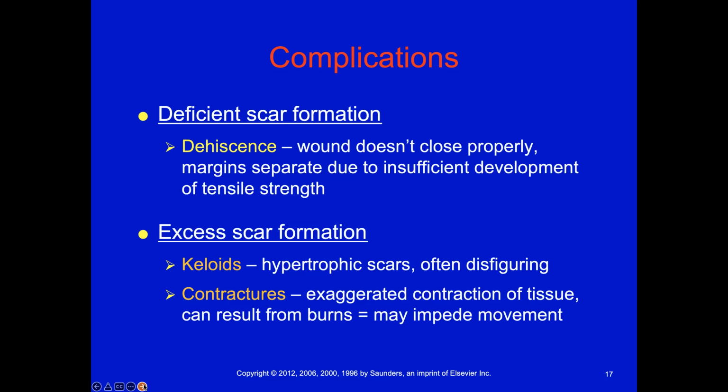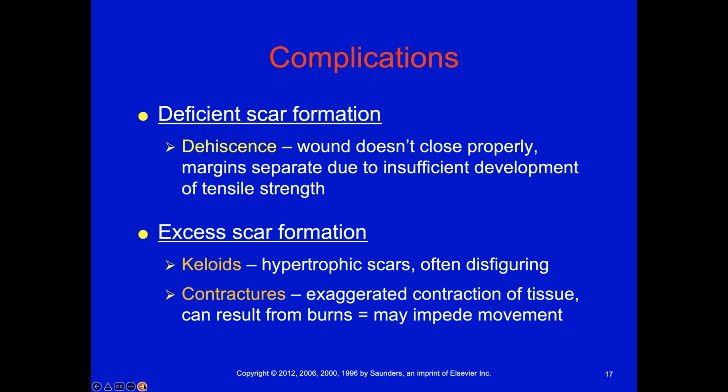So complications. Two big categories for complications. We have a category where we have a deficient or not enough scar formation, and then we have a situation where we have excess scar formation. If we don't have enough or good enough scars being created, the wound does not develop adequate strength, and it won't close properly.